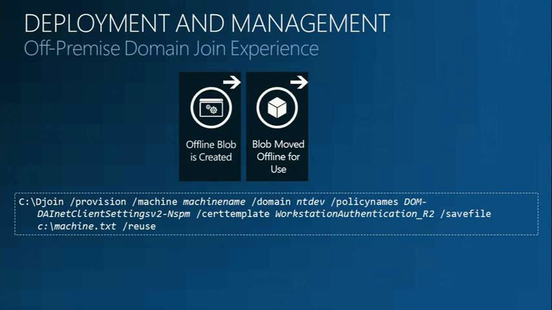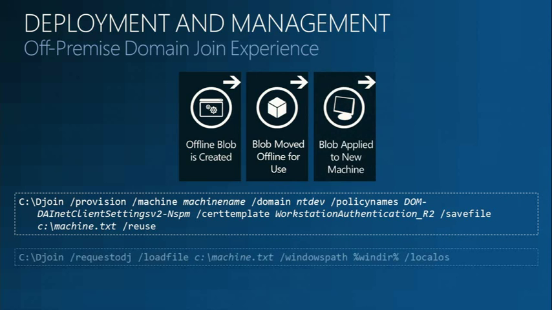Then a remote user can, on their machine, execute this new command, which does the djoin and loads that blob file back. What that's going to do is not only join the domain, but also load the DirectAccess policy at the same time. So now you're seeing the ability for remote clients to join the network, and there's no need to ever have them on CorpNet for bootstrapping. Okay?